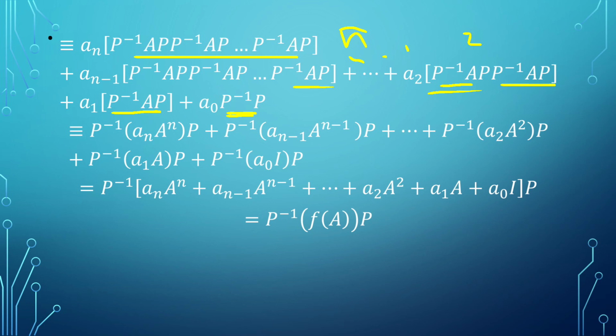So having noted that, you'll see that P times P inverse is automatically the identity. So all that will reduce to this.